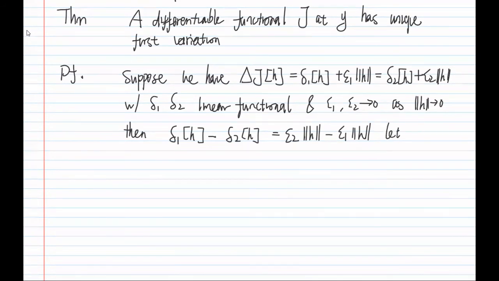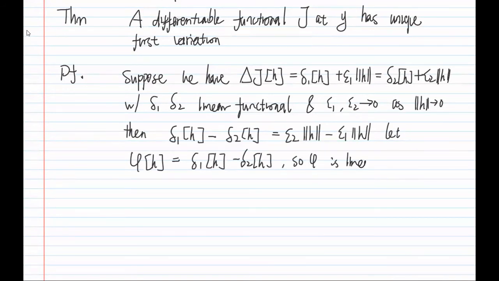So let phi of h equal delta 1h minus delta 2h. So this phi is linear. And we have 1 over the norm of h times phi h equals epsilon 2 minus epsilon 1, right?